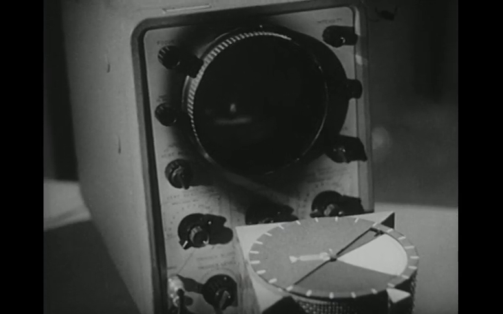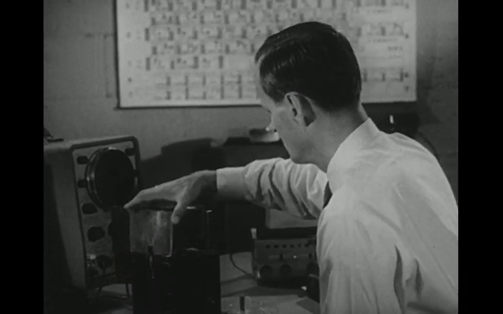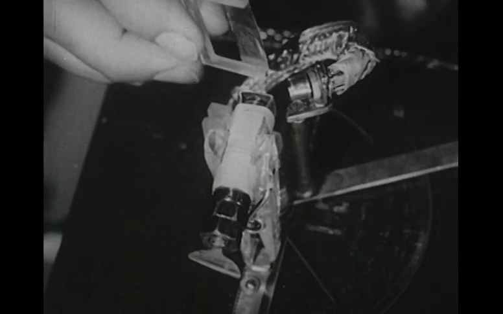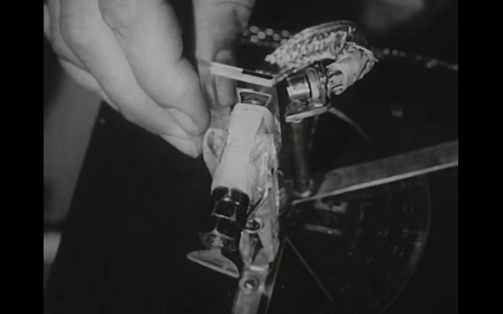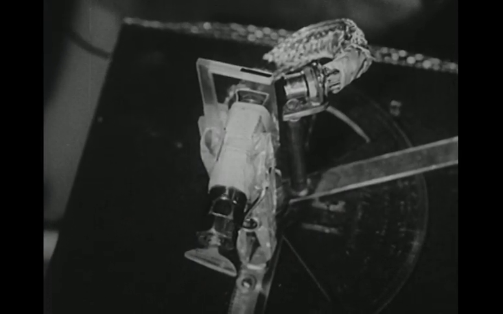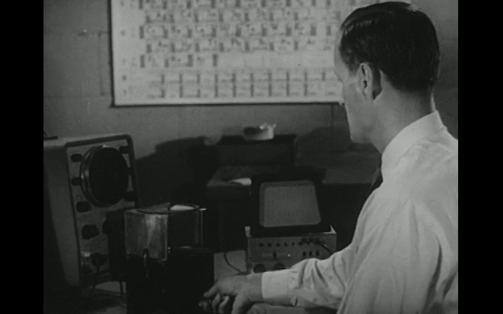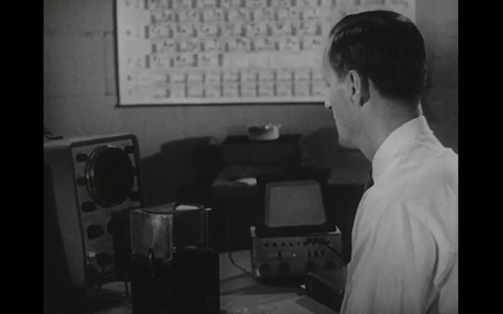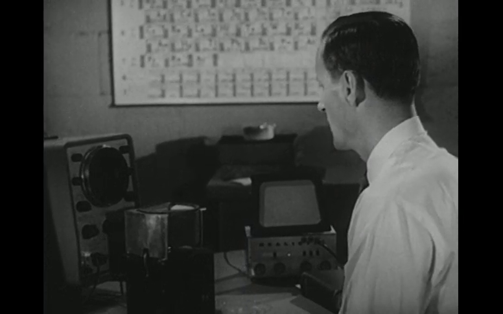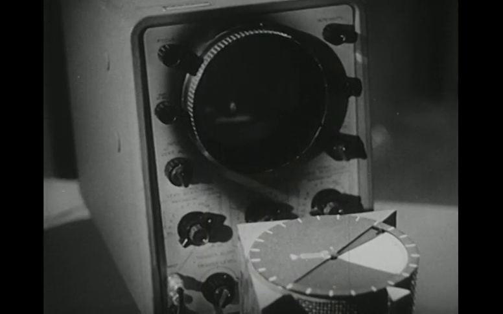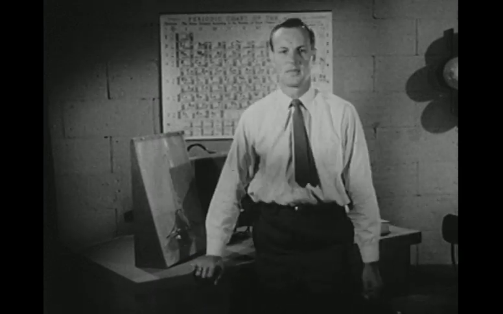Now let's put the gold foil back. Now the gold foil's back in the beam of alpha particles, and we'll wait and see. There's a count already, 2. This wide-angle scattering seems to be caused by the presence of the gold foil, all right. What is going on?